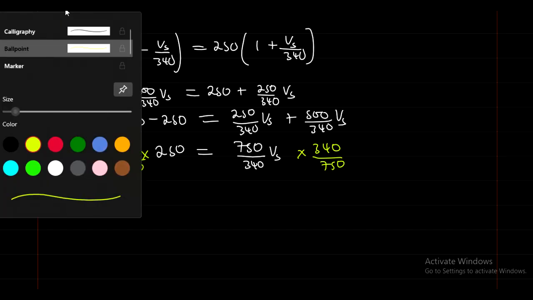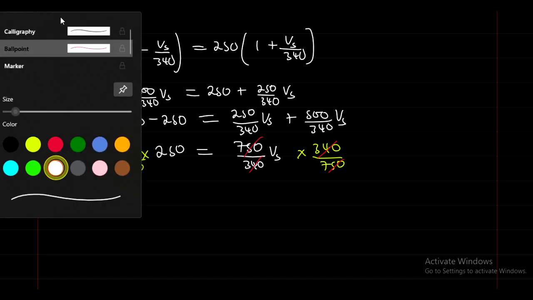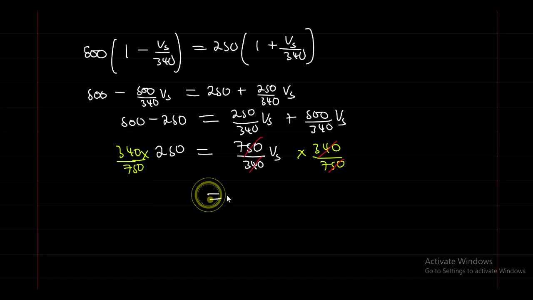So now we can see that 340 cancels 340, 750 cancels 750. On the right we are left with Vs. On the left I have 340 divided by 750, all multiplied by 250.